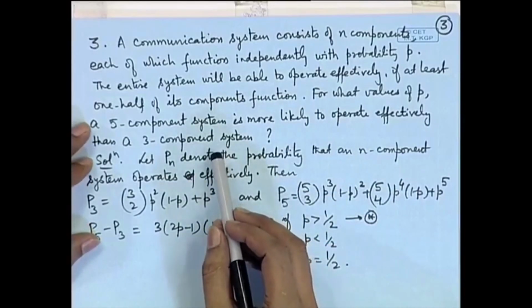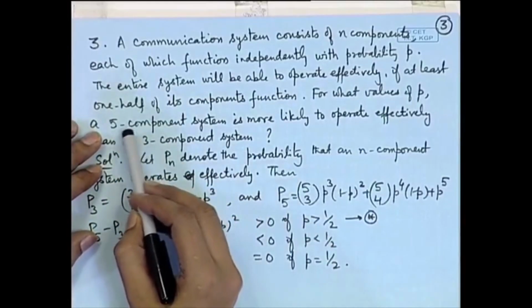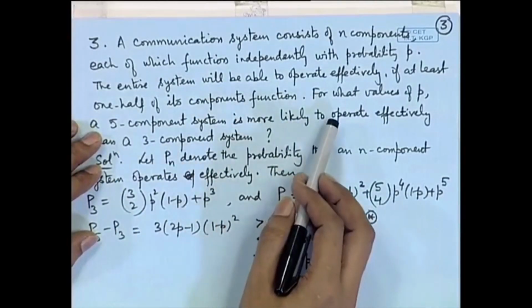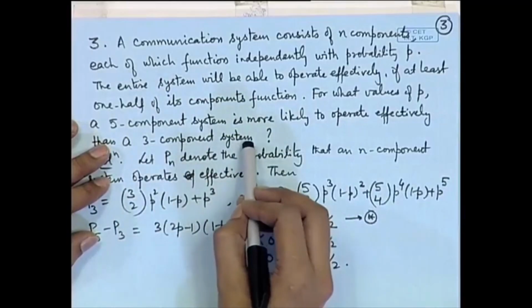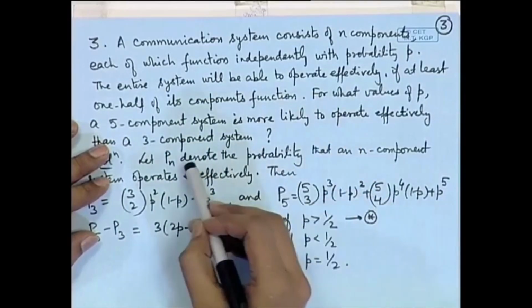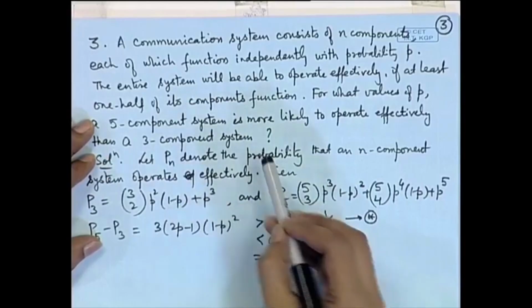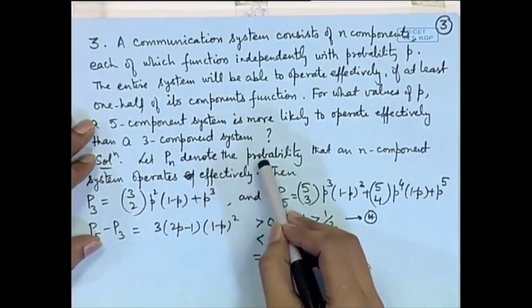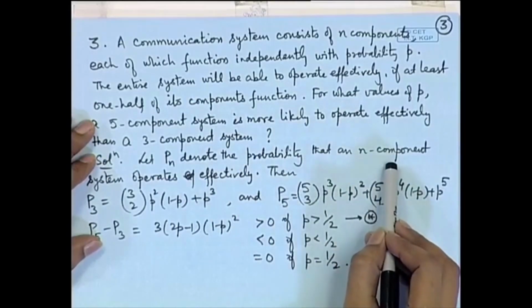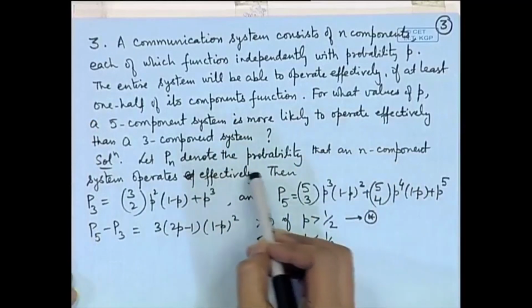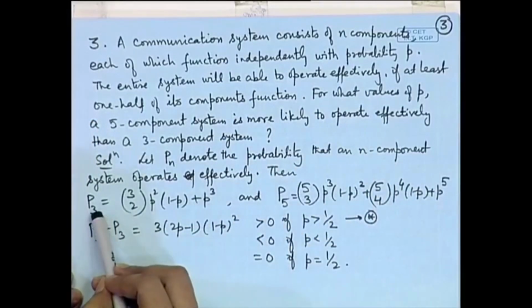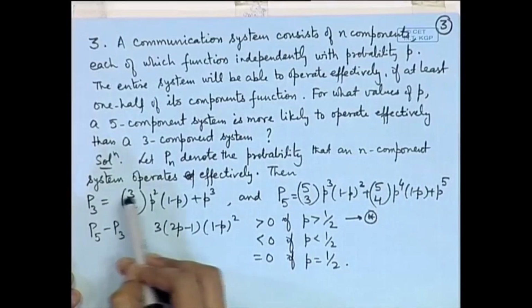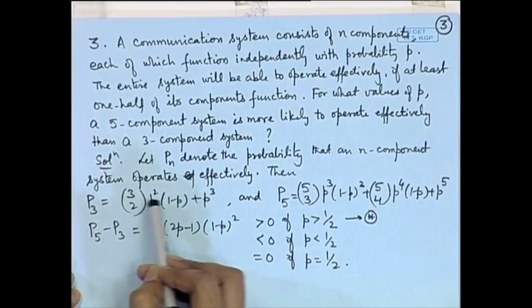So, we have to calculate the probability of a 5 component system working effectively and a 3 component system operating effectively. Let us use a notation Pn, the probability that an n component system operates effectively. So, P3 will denote the probability that a 3 component system is working effectively.